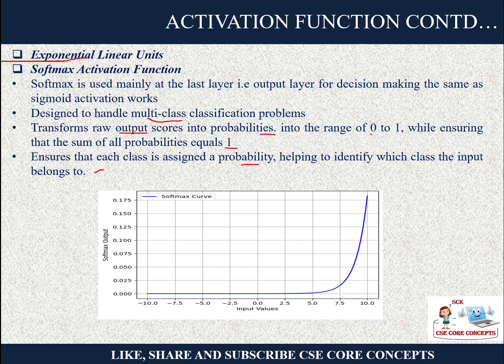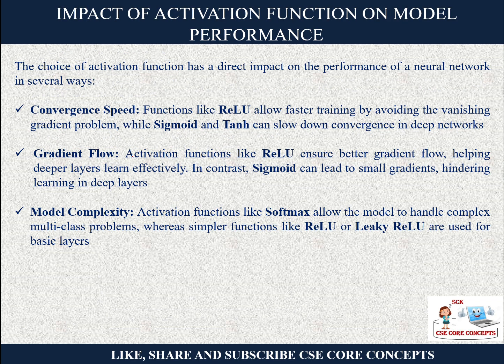So if you have four classes, say the fruit is either unripe, ripe, rotten, or whatever, you can compute the probability for each class, and whichever is the maximum will be assigned. So now, what is the impact of these activation functions on the model?